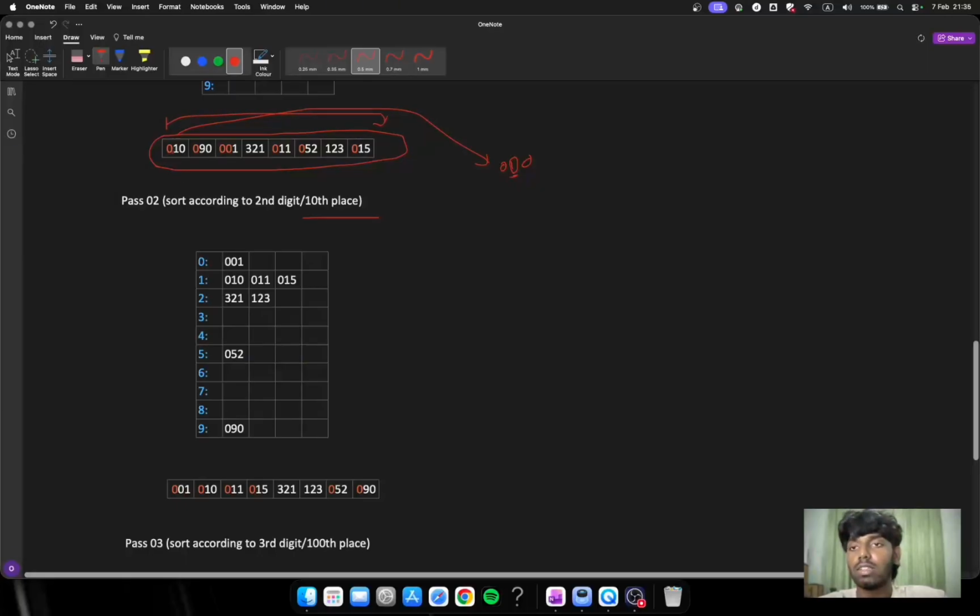Okay, so the first value we got is 010. We are looking at the second element.